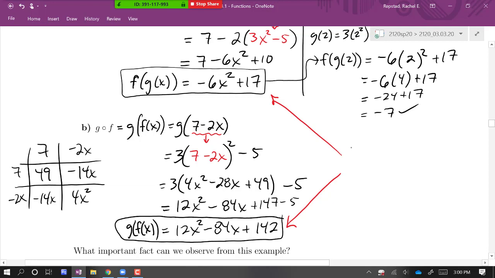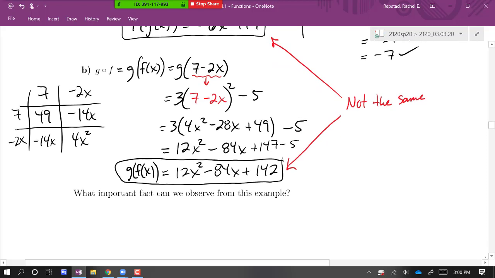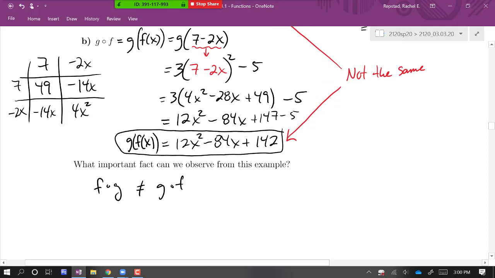I'm going to make a more general observation, probably included in what you just said, but these are not the same, right? We got different functions. And what that means is that function composition is not commutative.